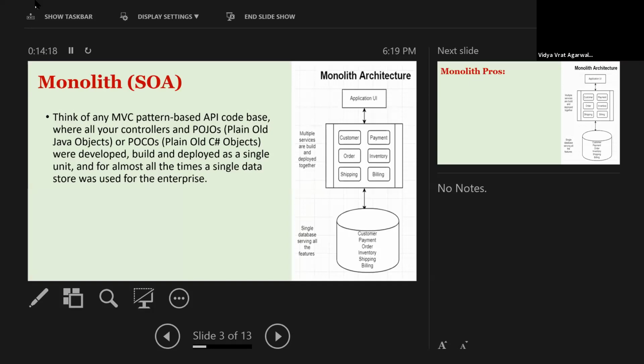That data comes back in XML, and that is what SOAP services were based on. Most of the SOAP services and SOA architecture, which was Monolith, is based on SOAP and XML, and that is what was SOA. So Monolith is also known as SOA architecture, meaning service-oriented architecture.